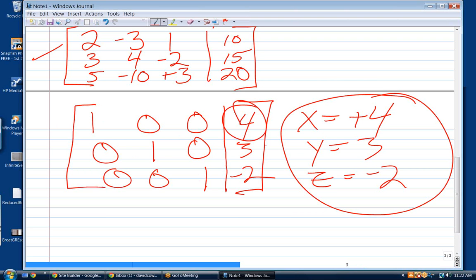This is your solution for x, that's your solution for y, that's your solution for z.